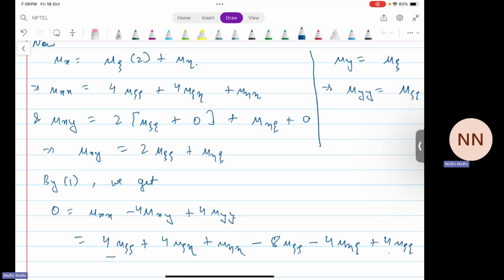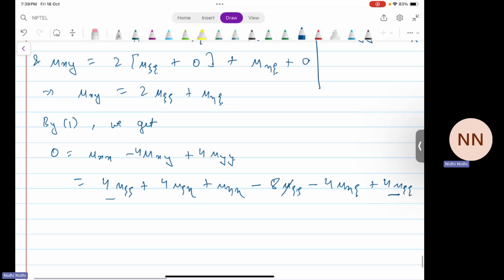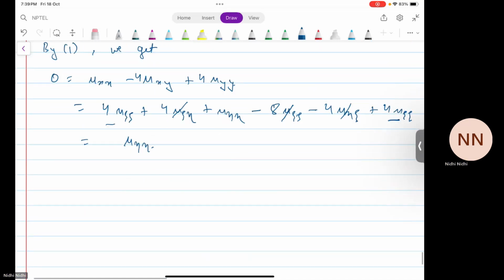So this plus this gives us 8u zeta zeta. This gets cancelled out with this term, and this directly cancels out. We are left with just u eta eta equals 0.